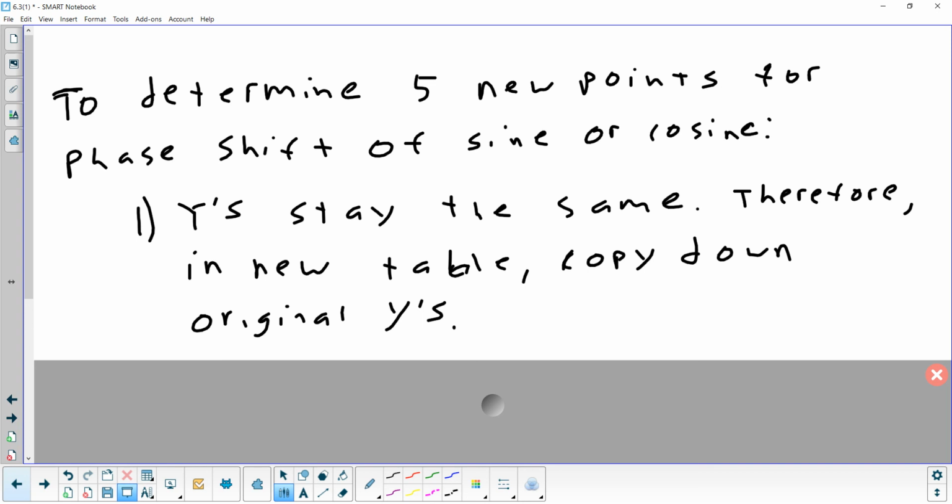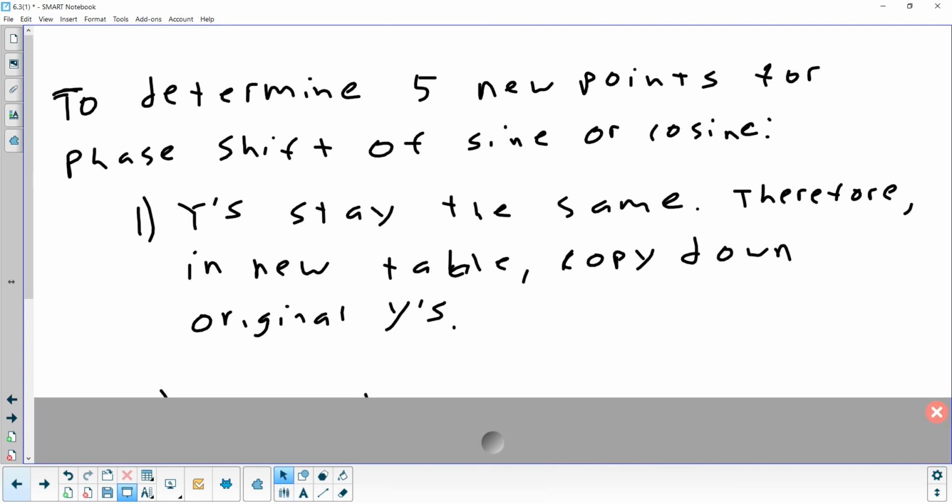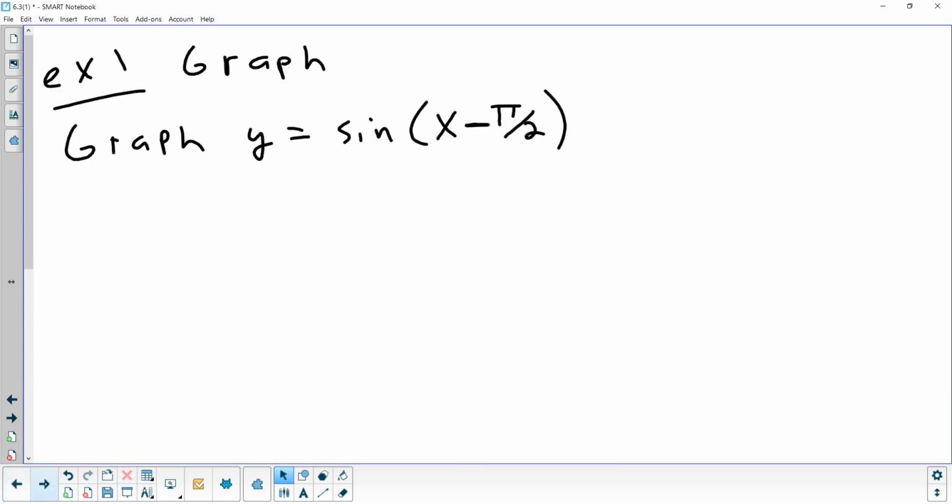The y values would be copied down from the original table that I just gave you. Now, let's think about the x's. The x's are going to change. We've got to be careful when you do a phase shift, because it's the opposite of what you would think. So we're gonna do that one in a minute.